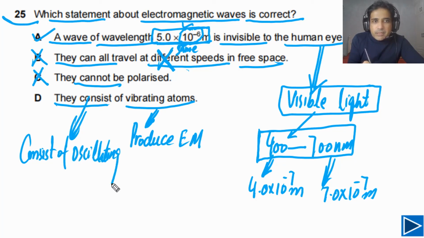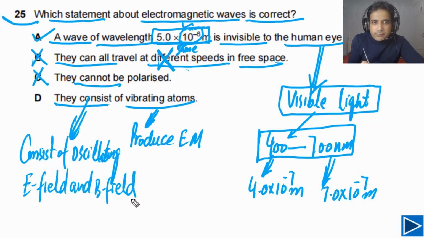So you need to understand the difference. Oscillating E field means electric field, and B field, magnetic field. So they consist of oscillating electric and magnetic fields, but we can produce EM waves by oscillating charged atoms. So this option is also incorrect. So the answer for this question is A.